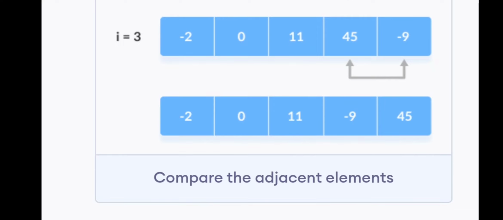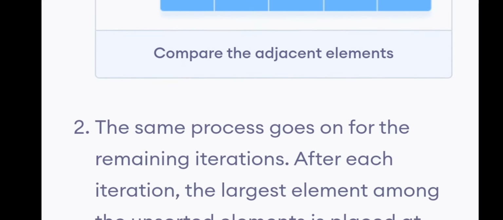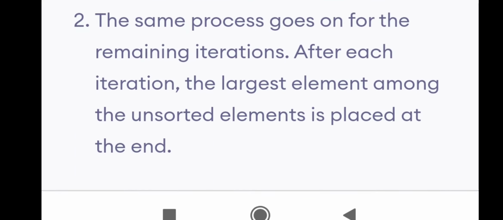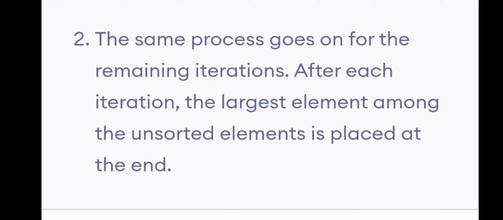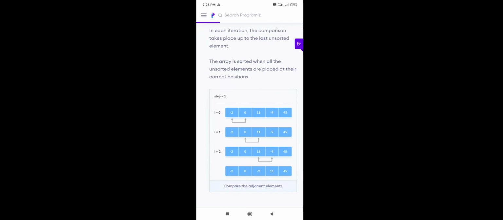Okay, next, compare the adjacent elements. The same process goes on for the remaining iterations. After each iteration, the largest element among the unsorted elements is placed at the end.